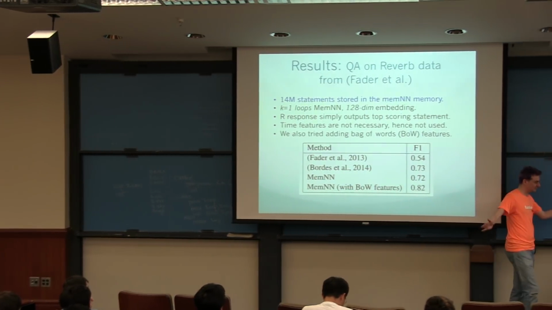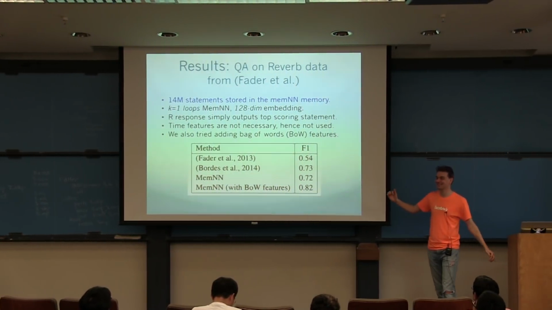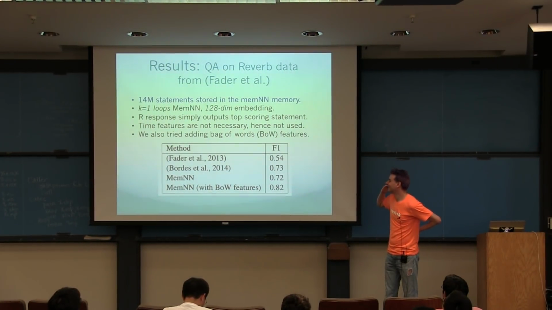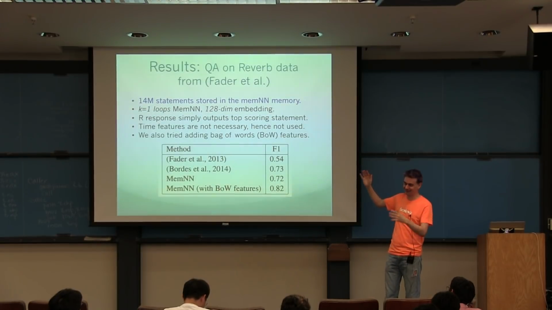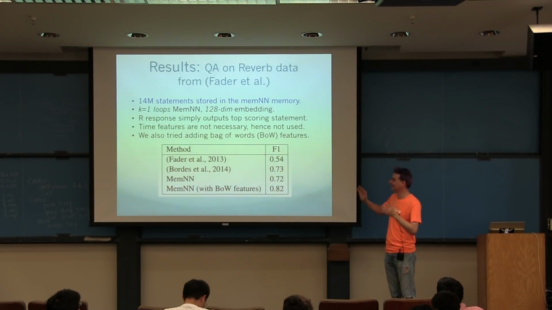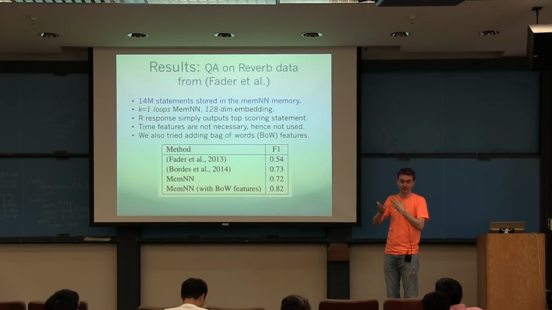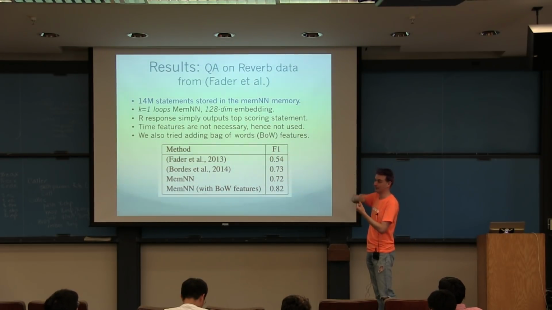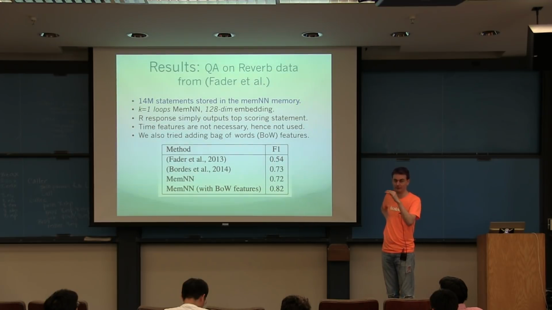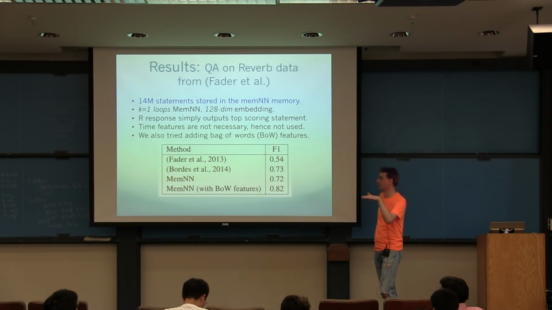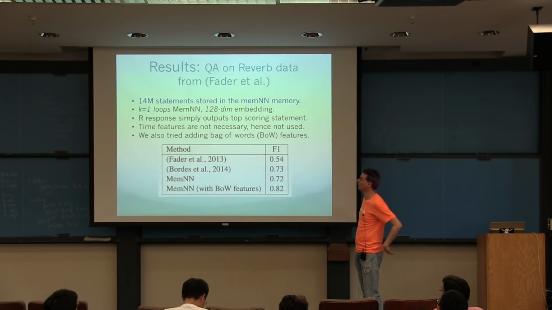Yeah, so, okay, let me try and get through this slide. It's the large data set, and it's much simpler than the simulated stories, in the sense that you don't actually need these hops. You can just find the first supporting fact and it works. So you only need k equals 1 hops.